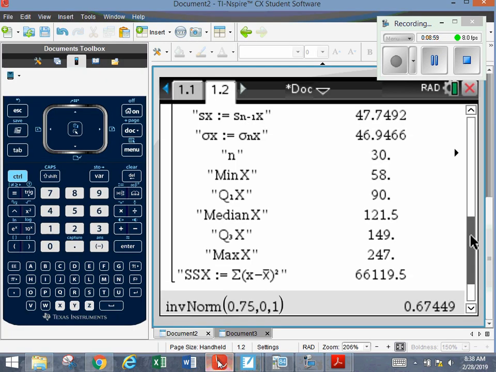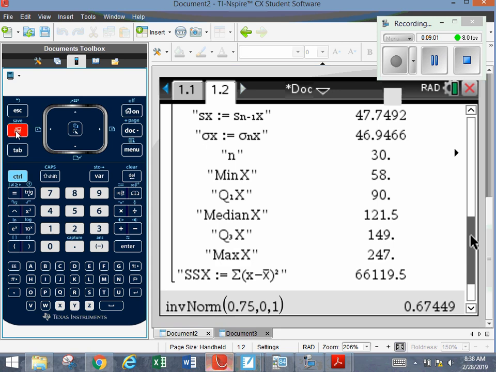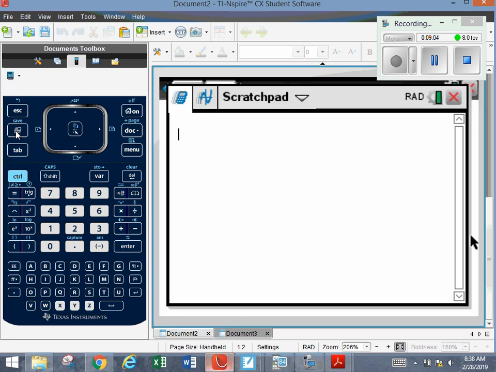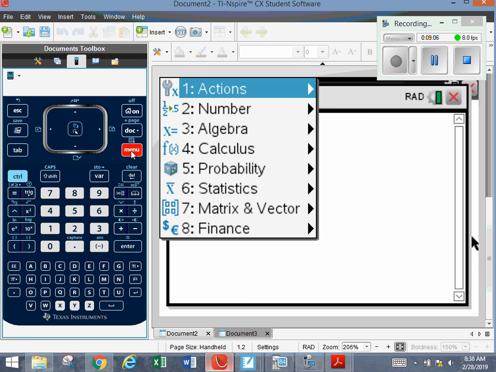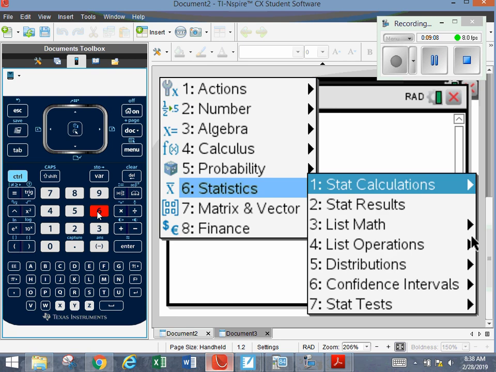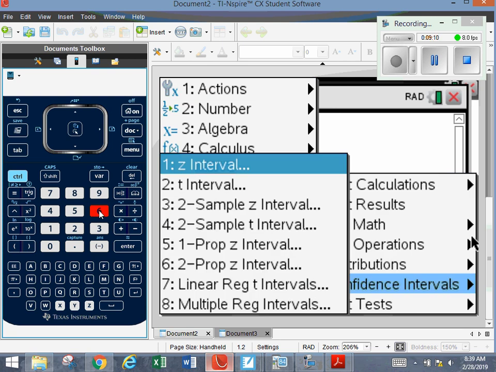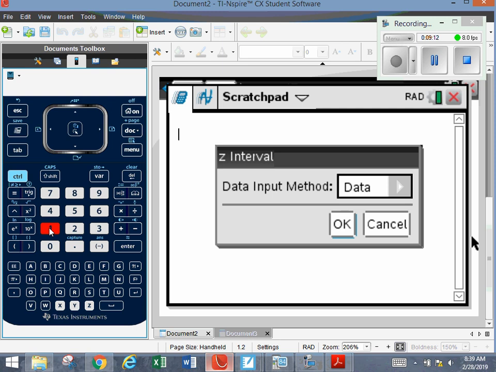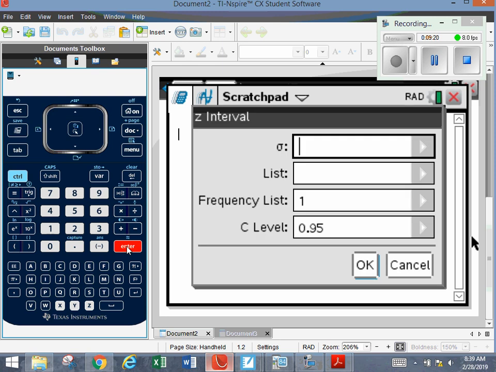I'm going to use my scratch pad. I'm going to hit menu, statistics, confidence intervals, number 6, and we're going to do a Z interval. That's going to ask what my input method is, and I'm going to have to use statistics.